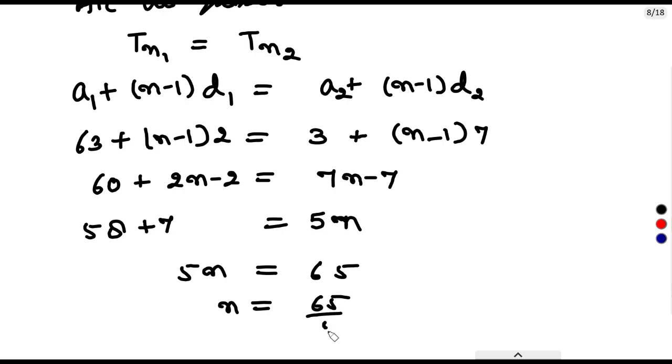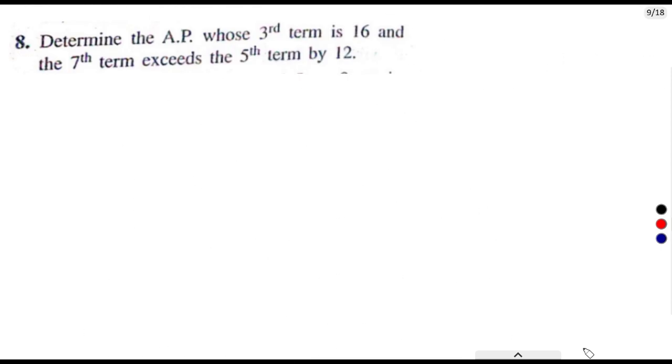N is equal to 13 means 13th term of both the progression is equal. Question number 8. Determine the AP whose third term is 16 and seventh term exceeds the fifth term by 12.